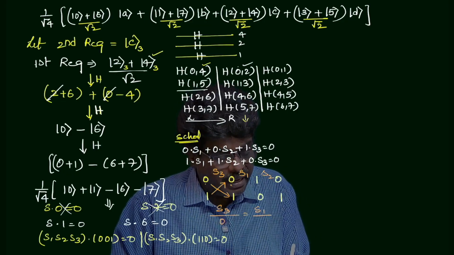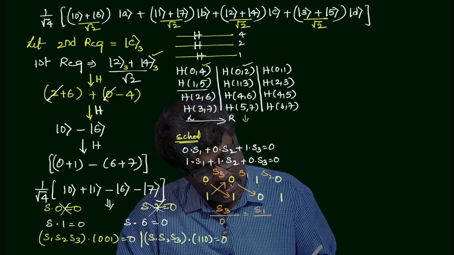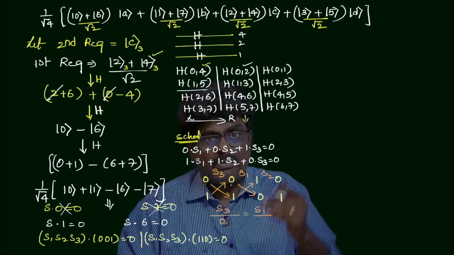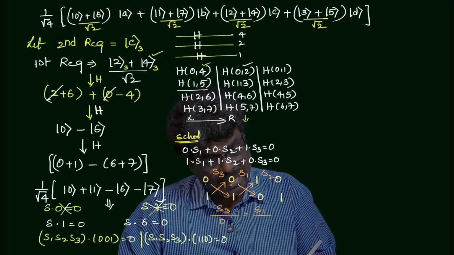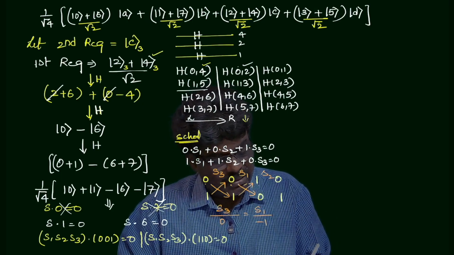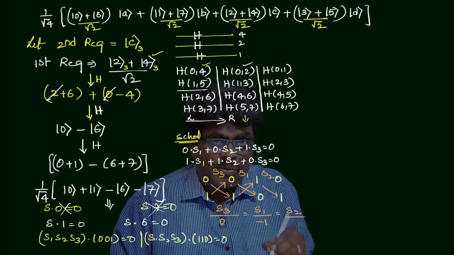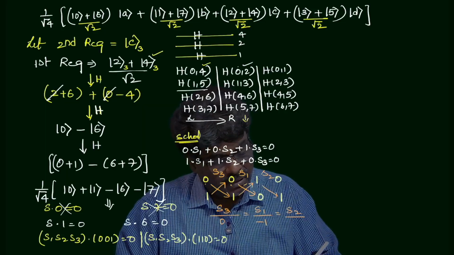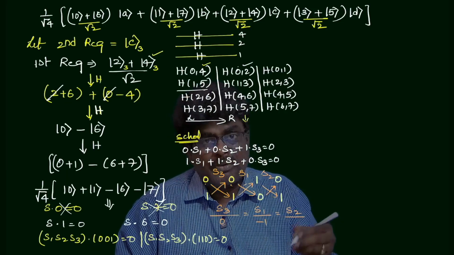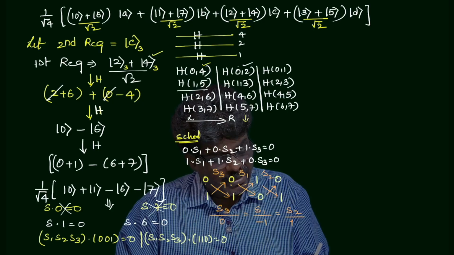S1 by, this is a 0. While you are taking this bottom to top, you have to take minus extra. So that's why this is a minus 1. And S2 by, here you will get 1 and bottom to top you will get a 0, so that's why here I am taking 1.